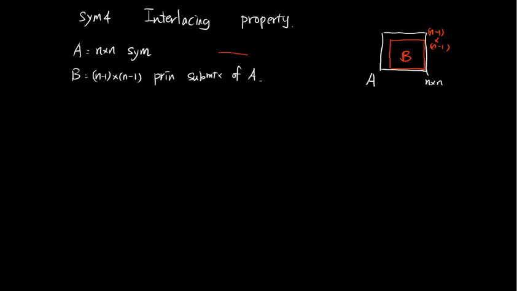And we care about the eigenvalues of A. So we say lambda 1 to lambda n are the eigenvalues of A, and for B, which is m minus 1 by m minus 1, we say the eigenvalues are mu1 to mu m minus 1.